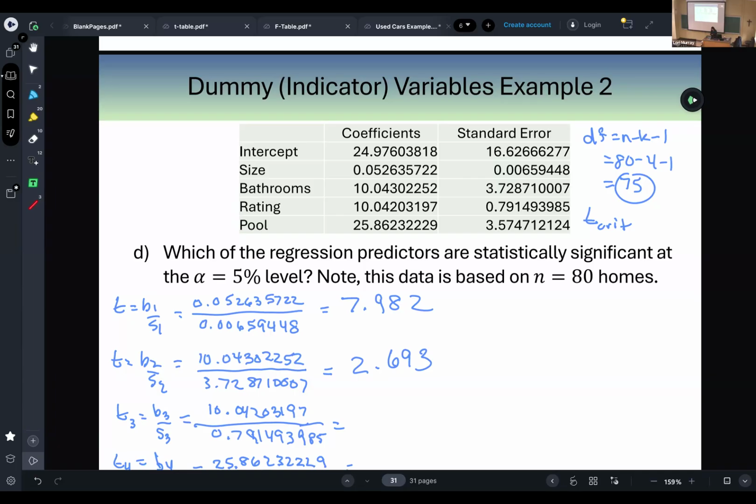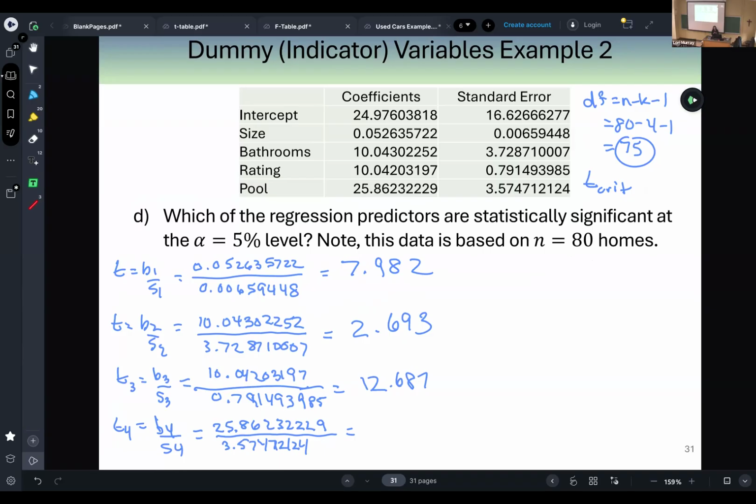Okay. Number 3, let me do this so I can verify. Zero, 4, 2, 0, 3, 1, 9, 7. Anybody have a third T? Yes, good, 12.687. And finally, the last one, I'm going to just enter 25.86.